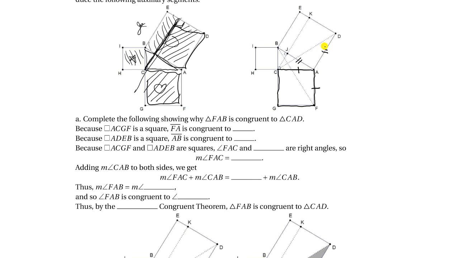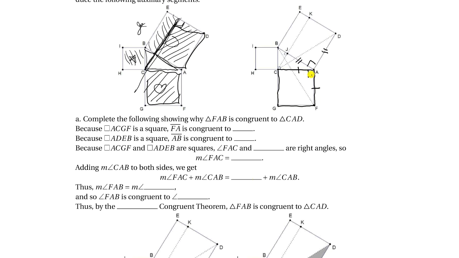Now, ACGF and ADEB are squares, which means that angle FAC is a right angle, and BAD is also a right angle. So please fill out those portions by yourself. I've already mentioned everything, so please write it down yourself.